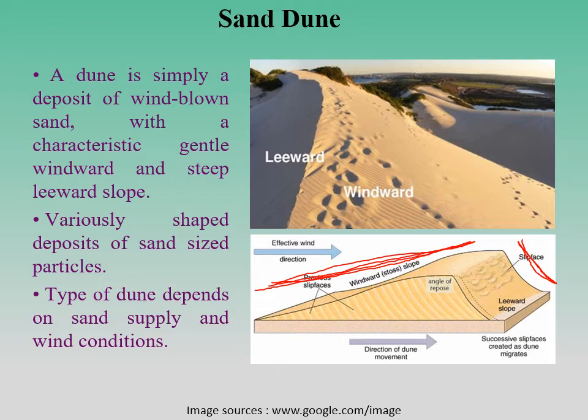Now, if this kind of feature is found on the earth surface, then with moving air, the stoss side will face the moving air and the wind-blown particles. So the stoss side becomes eroded, and the eroded particles are deposited on the lee side. So always the stoss side faces the erosion effect, and the deposition occurs on the lee side.